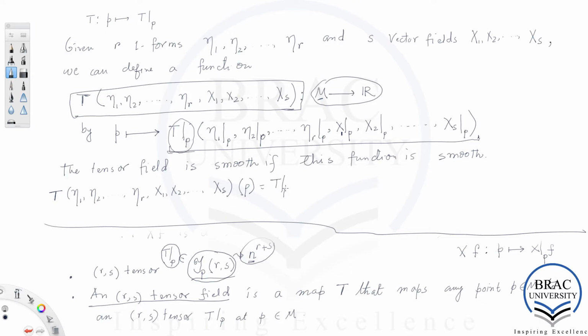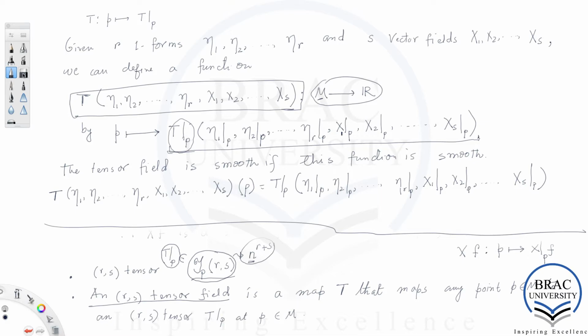T at P, the R comma S tensor, acting on R covectors and S tangent vectors. Okay, good.